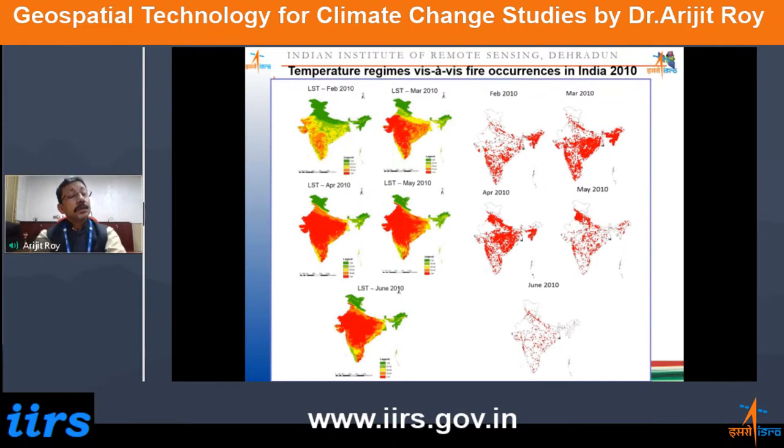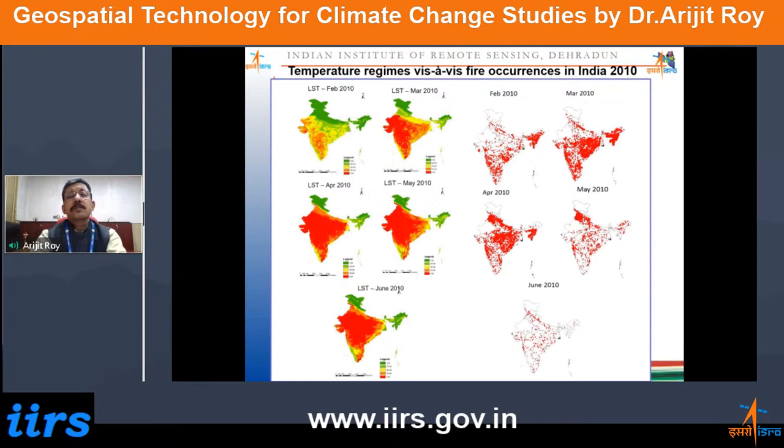And the change in fire incidences vis-a-vis temperature regime can be very well proved from satellite-based observations of the land surface temperature and the number of active fires.